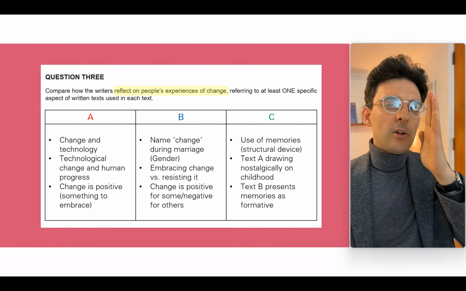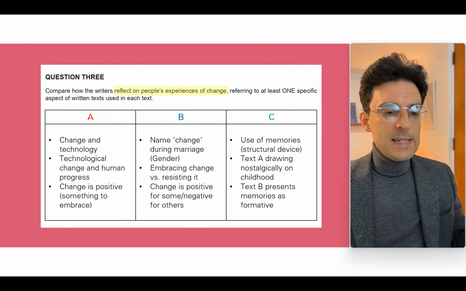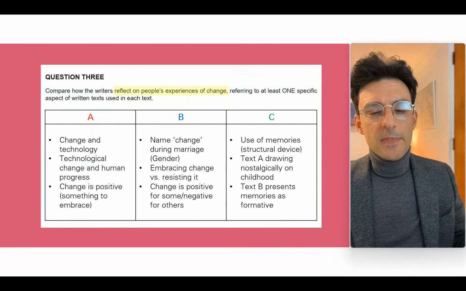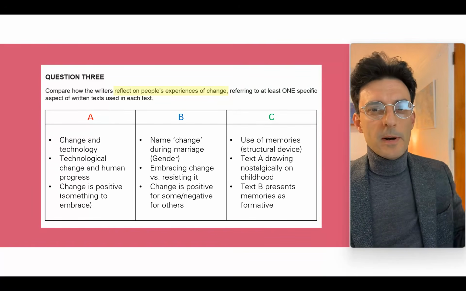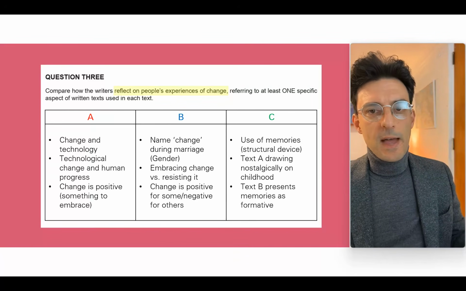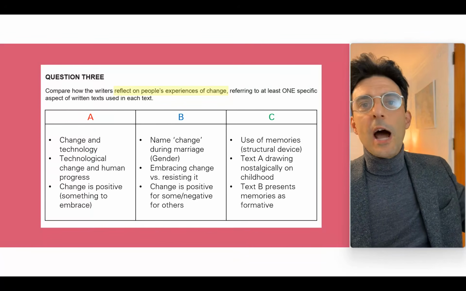Now in column C, thinking about what both texts are doing, I kind of pick up this idea that they're both using memory, and this is a kind of structural device, a narrative device. They're both drawing on memories to look back on things that have happened in the past. Text A is looking nostalgically, like I said, at showering and the feelings of this when you're a kid.